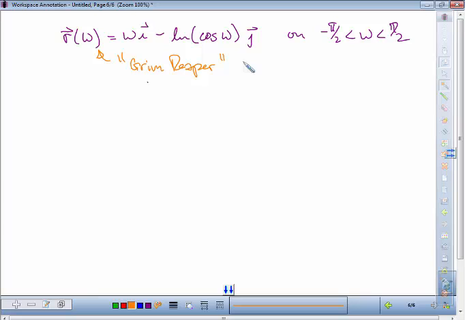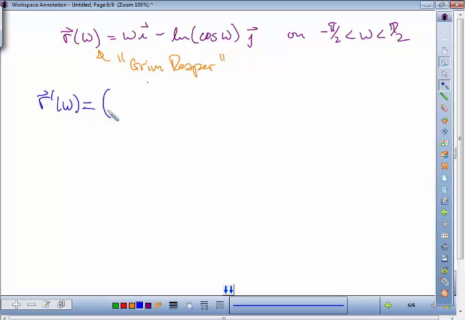Let's find the derivative and then the unit tangent vector. And then let's take a look at the graph of these things. So let's find r prime of w. What's r prime of w? 1 in the i direction, and whatever this is.